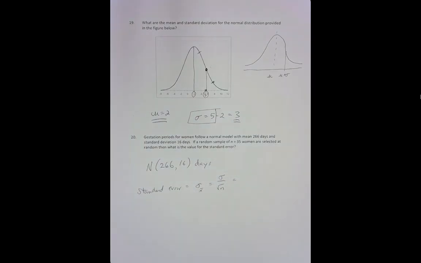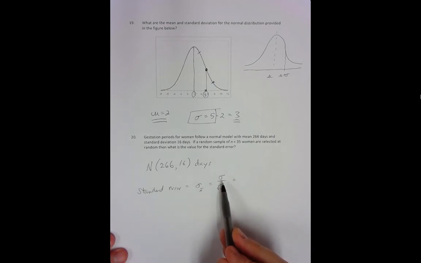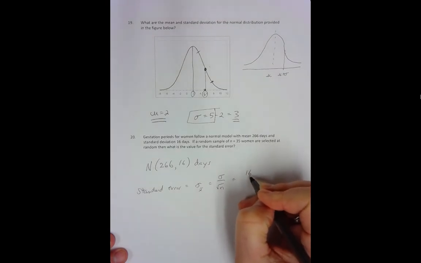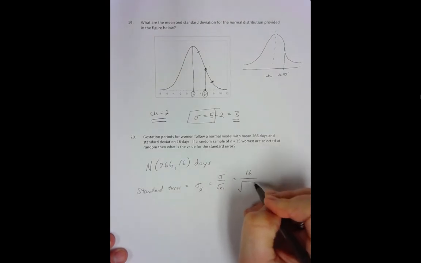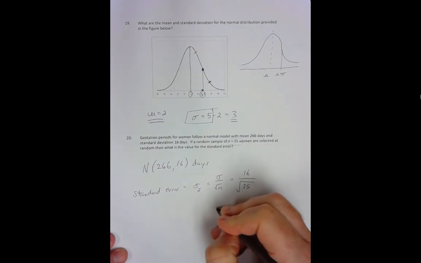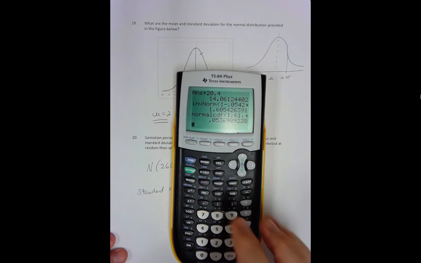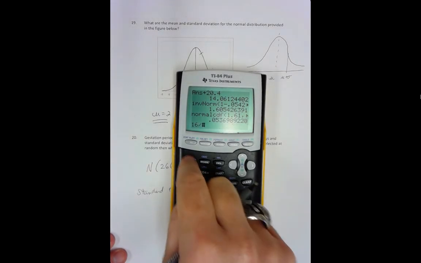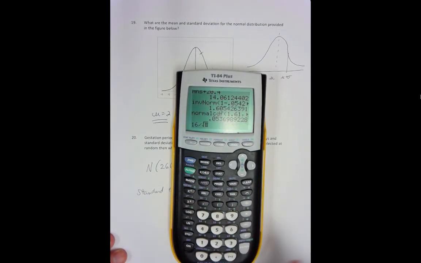Guys, the standard error is sigma sub x bar. It's just the standard deviation of the population divided by the square root of n. So our standard deviation is 16, and our sample size is 35. So 16 divided by the square root of 35.